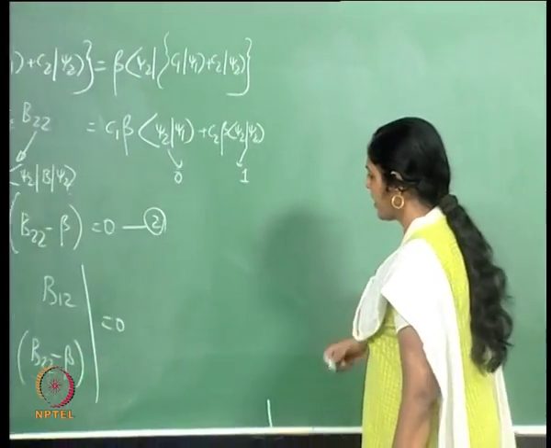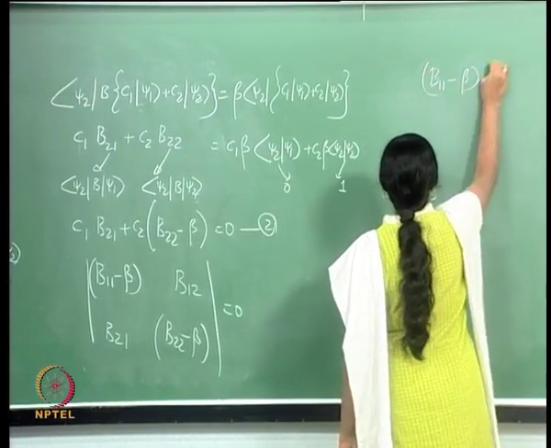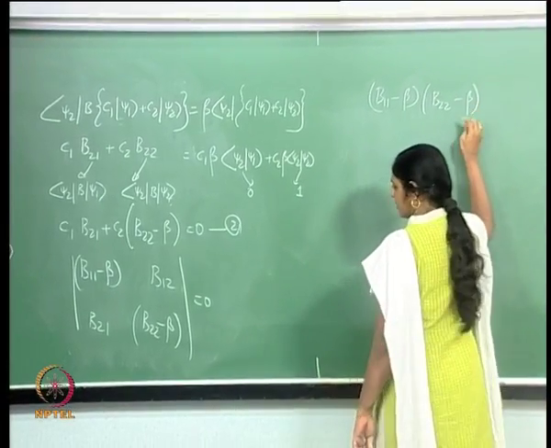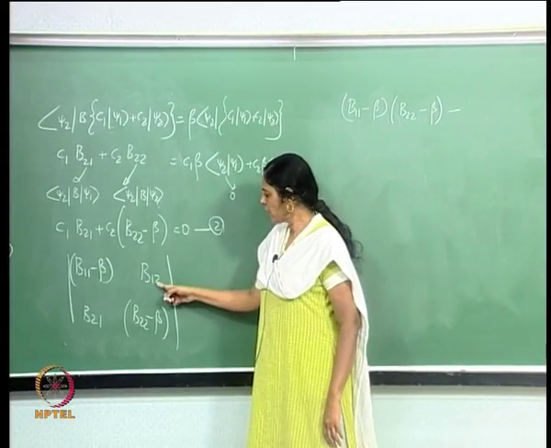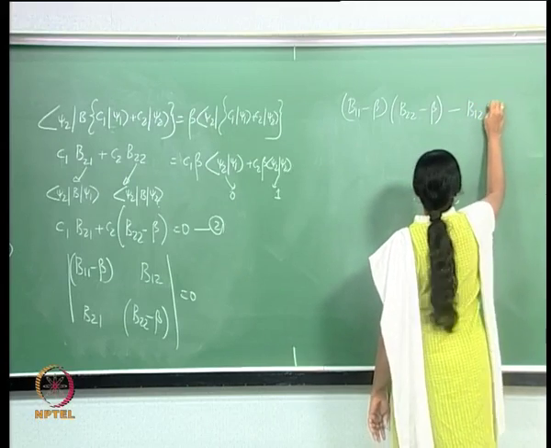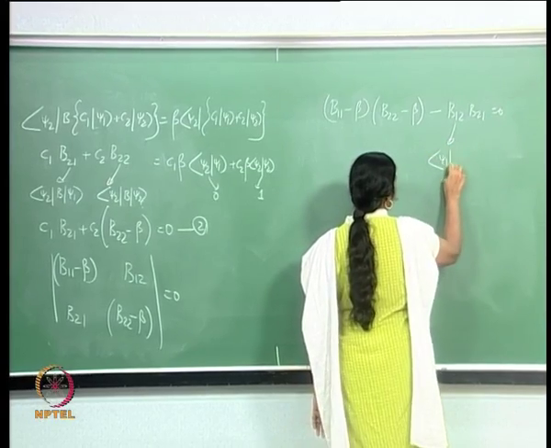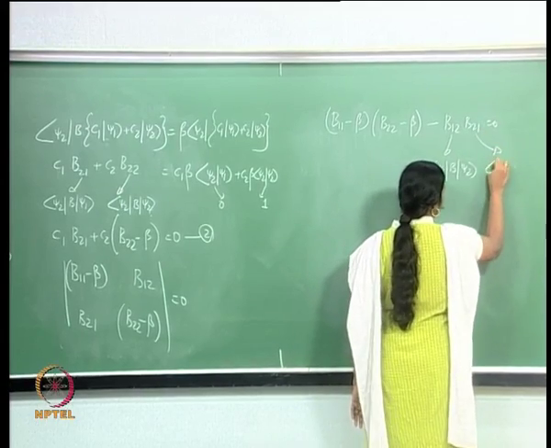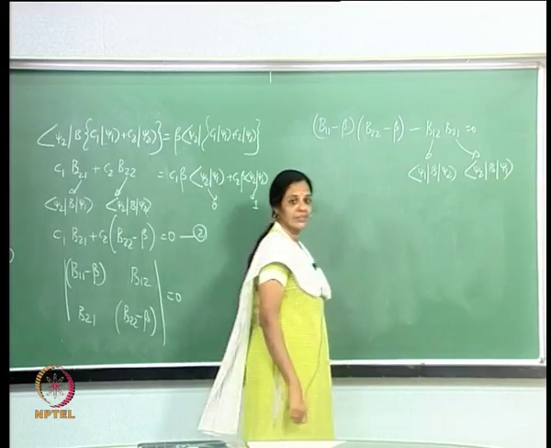So, this determinant when expanded gives me B11 minus beta times B22 minus beta minus, recall that B12 and B21 are complex conjugates of each other, because B12 is psi 1 B psi 2, which is a number, and B21 is psi 2 B psi 1, which is the complex conjugate of that.